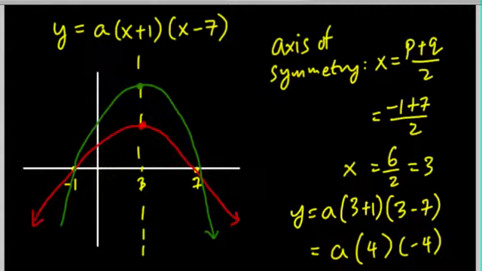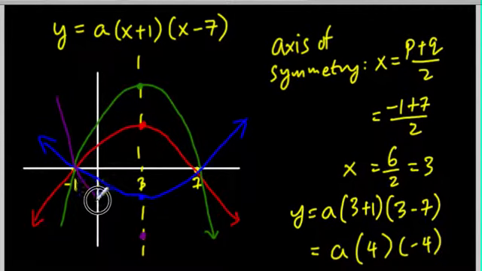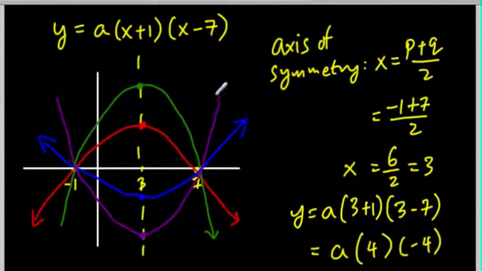What happens if we have one over here? Then it has to go something like this. And what happens if we have another vertex right here? Then it'll go something like this. So what it tells us is that our vertical stretch can keep changing. If we have it in this form, we can have any vertical stretch that we want.